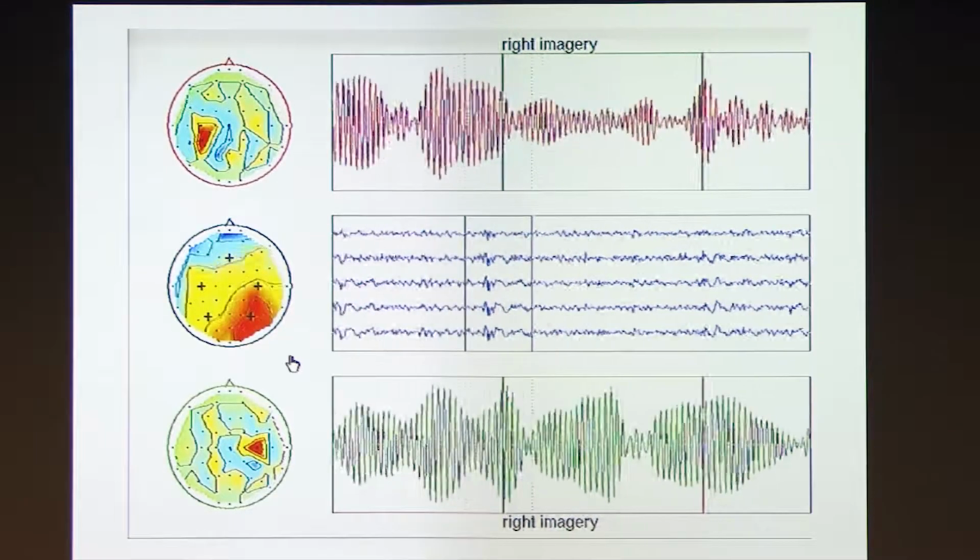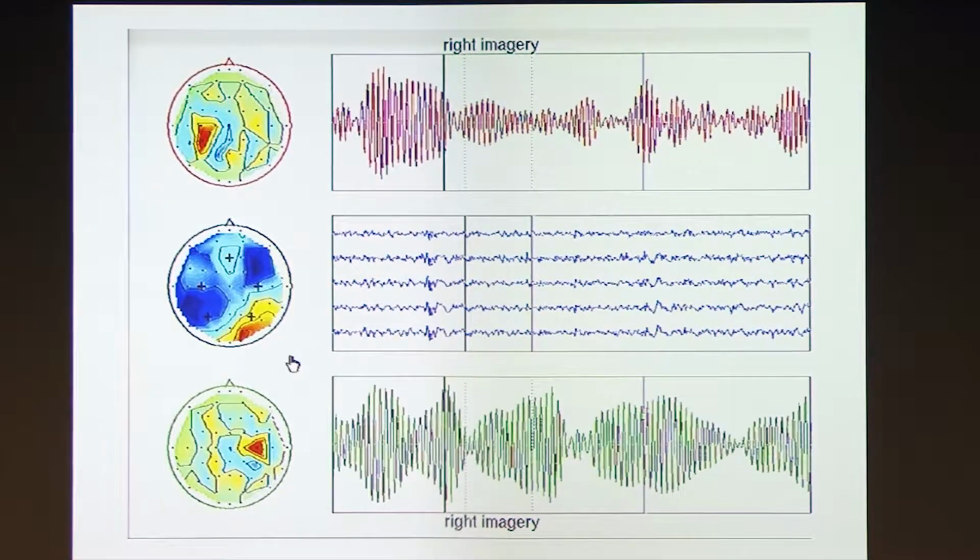Now the subject is imagining right, because the subject was instructed to do so. If you look at the EEG, you don't see anything. Right imagery means that there should be a suppression of a rhythm on the left hemisphere. If you look at this, it's not really there.